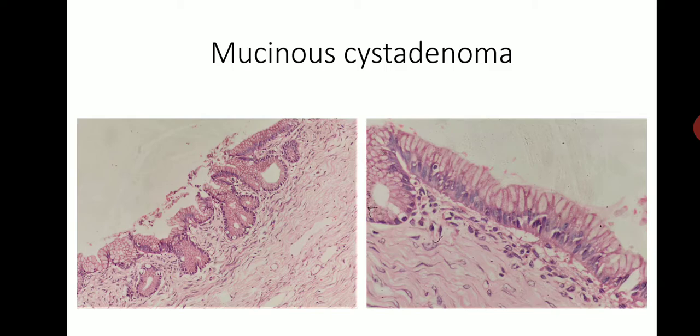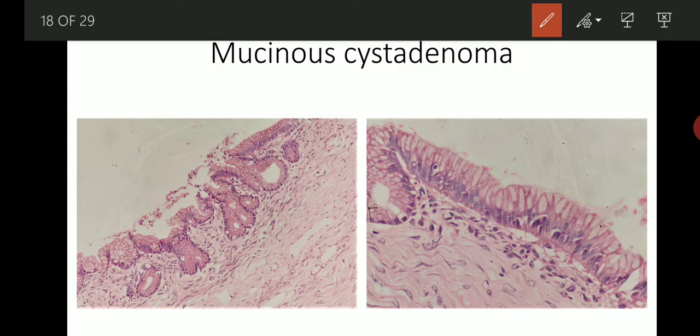The only difference between the benign serous cystadenoma and mucinous cystadenoma is the lining epithelium that you will see in mucinous cystadenoma. The lining epithelium resembles the endocervical type or the gastric type or the colonic type of mucus secreting epithelium.